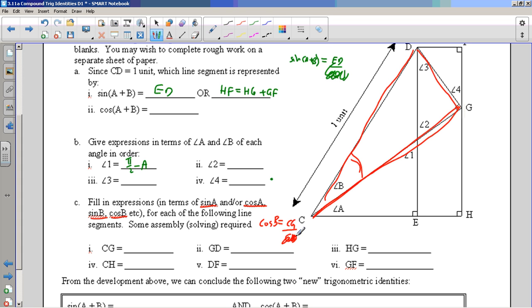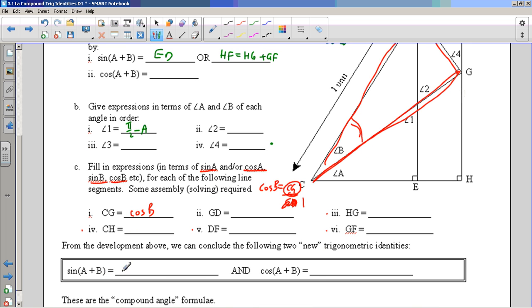But CD is 1, right? And so what's CG? CG is just the cos of B. Okay, and then you walk through and you get expressions, some of these ones here, by the way, hint, will be a little more complicated, and this will allow you to develop expressions for the sine of A plus B and the cos of A plus B.